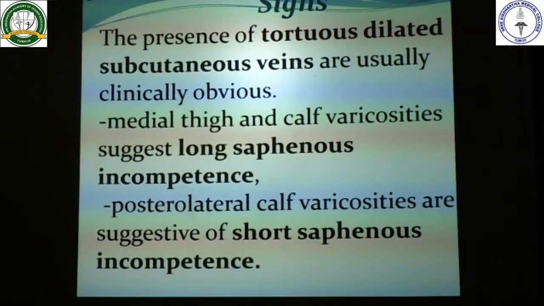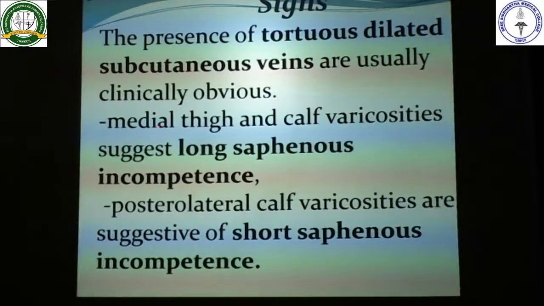What are the signs? If you see the limb of the patient, it's a lower limb. The most obvious sign is the presence of tortuous dilated subcutaneous veins. Easily you can see them whenever you look at the limb, and you can even identify which system is involved by looking at these dilated veins.